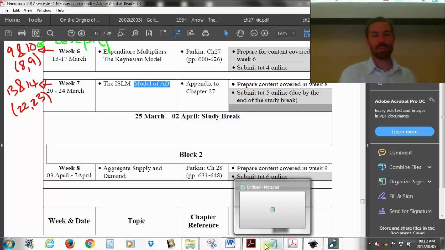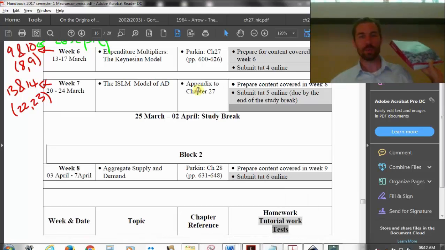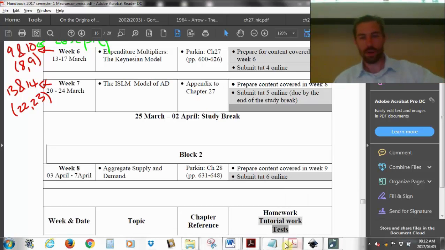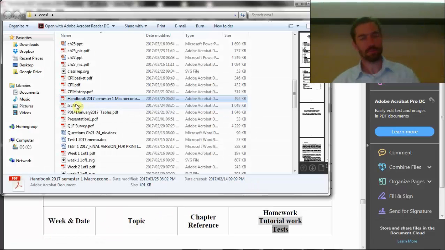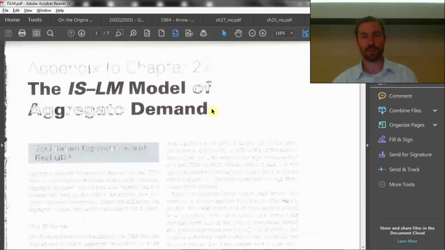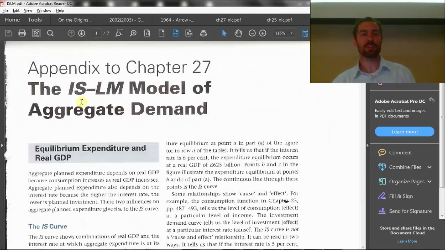That's right. So in this version of the textbook, in the appendix to Chapter 27, there is no ISLM model. So what you should have, as pointed out, is this PDF document, which is the appendix to Chapter 27 with the ISLM model.